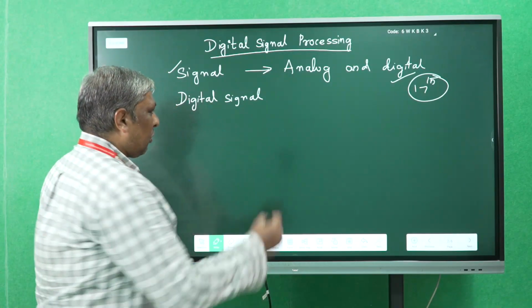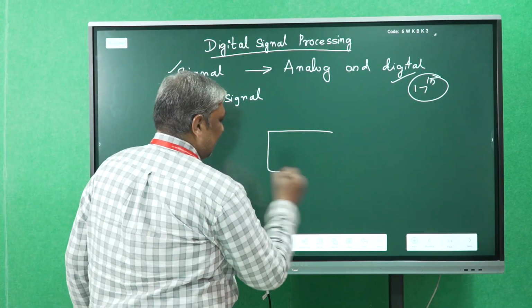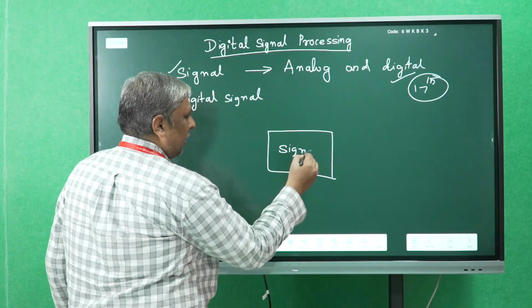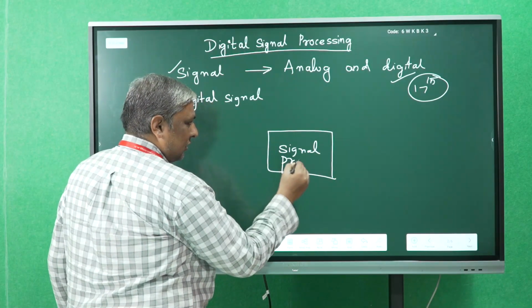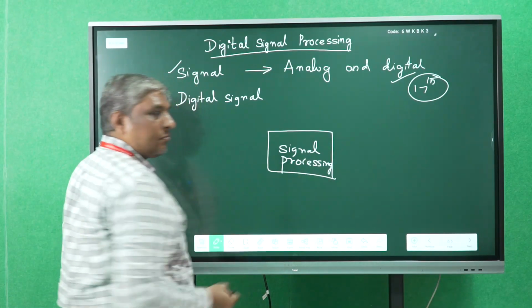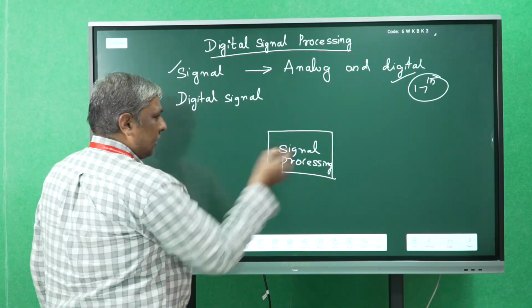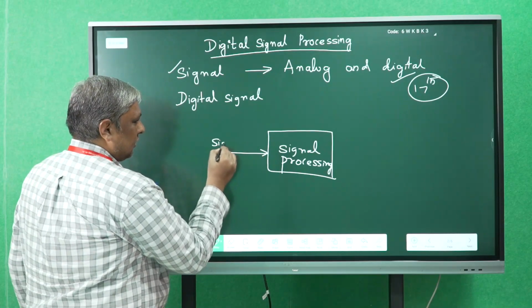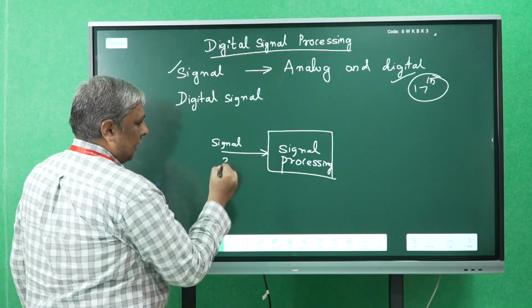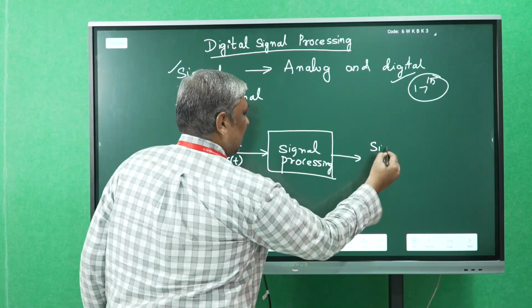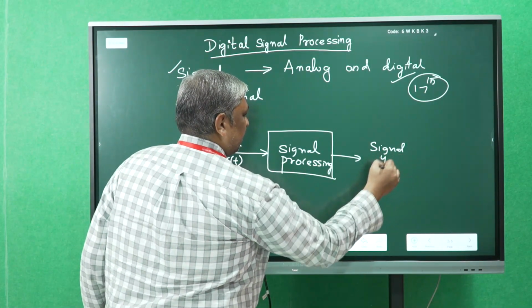Basically, the device used to process these signals is called a signal processing device. To the signal processing device, I am giving some input signal, called x of t, and getting also some signal y of t.